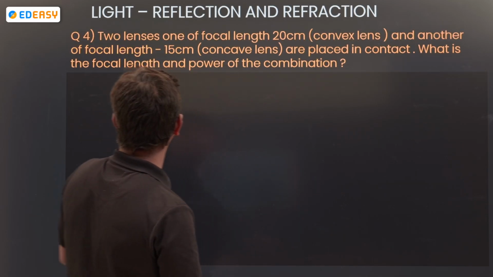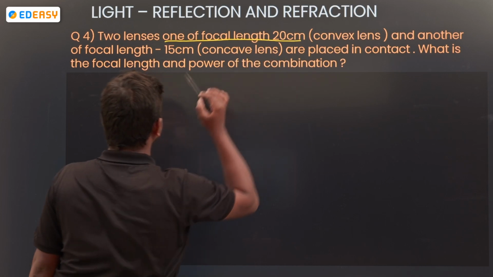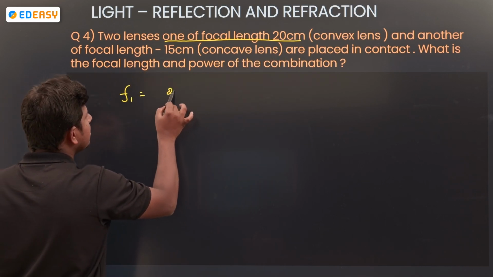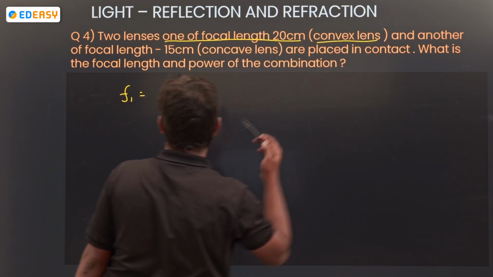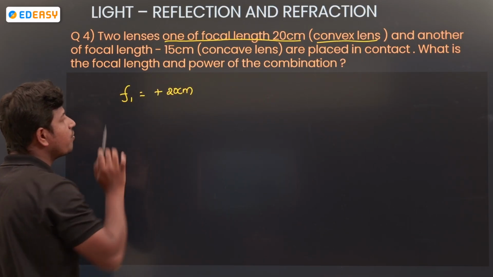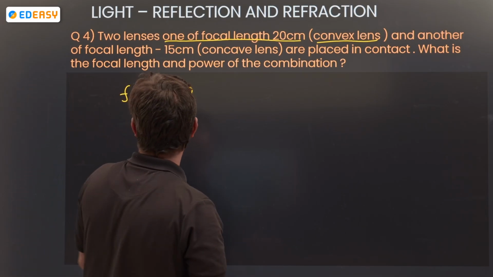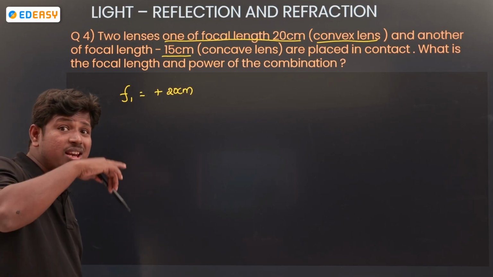Next, look at the problem. Two lenses. One of the focal lengths is 20 centimeter, so f1 is equal to 20 centimeter. Did they mention which lens it is? Convex lens. For the convex lens, the f1 value is 20 centimeter. And another focal length is minus 15 centimeter. They only gave the sign convention.